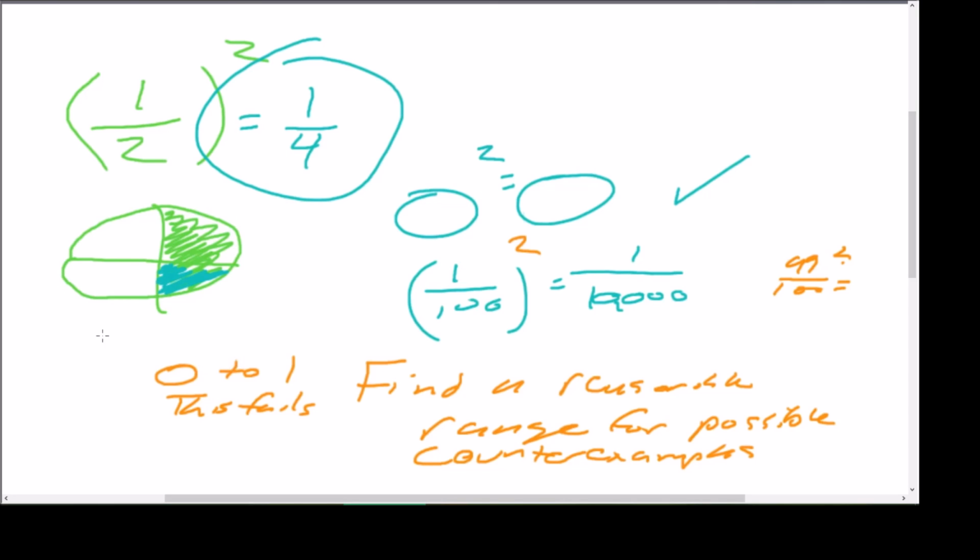Let's do between. Between 0 and 1, this fails. That means 0 is not included and 1's not included. But every real number in between, or every rational number in between, is included.